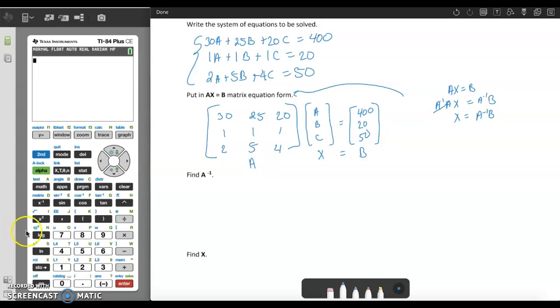Or you can use your calculator. So what I've done is I have put into my second matrix menu, I've edited matrix A to be this coefficient matrix.